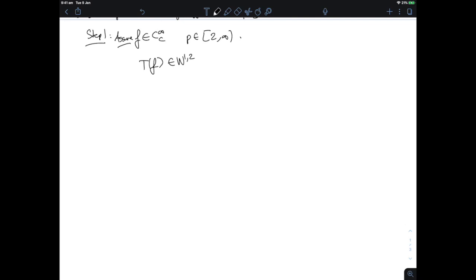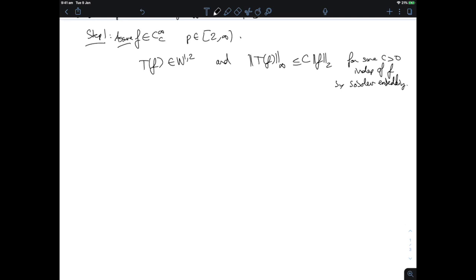And the continuous representative is going to have a sup norm that is controlled by a constant c, independent of f, times the L2 norm of f, by Sobolev embedding. And that was part of what we proved about Sobolev embedding.